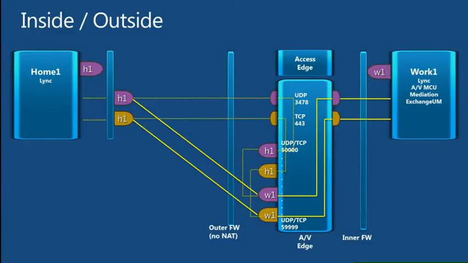If this doesn't work for some reason, because maybe your firewall administrator decided to block all the ports on the 50K port range, then the home user needs to go to his own edge server on 3478 or 443, and they will do a hairpin, and within the edge server, they will do this.